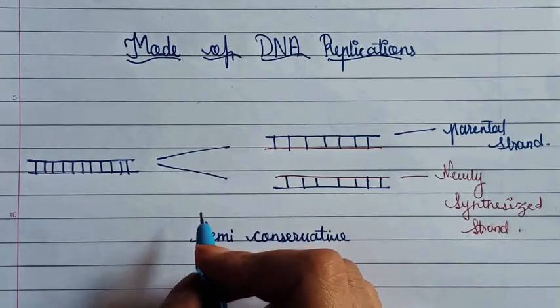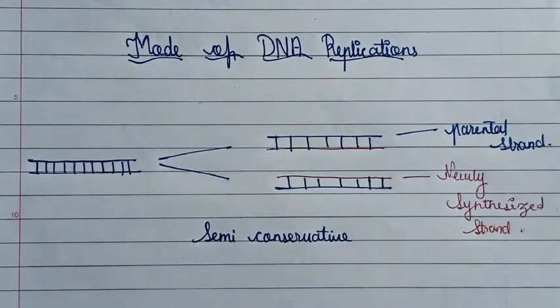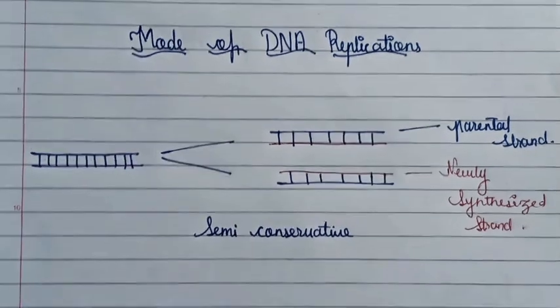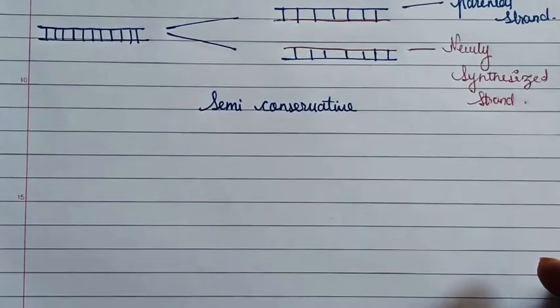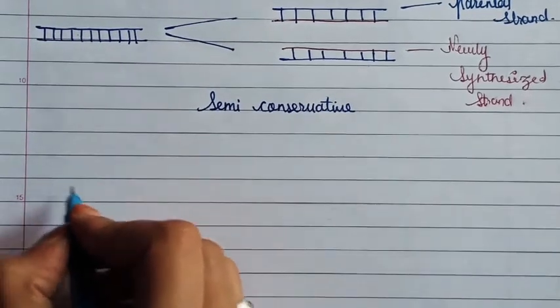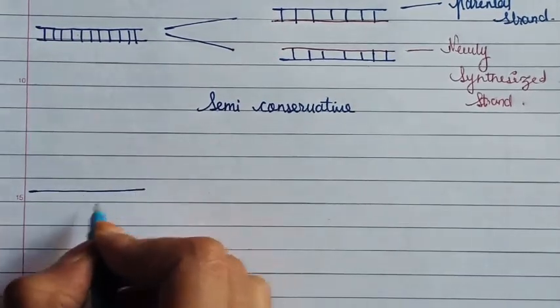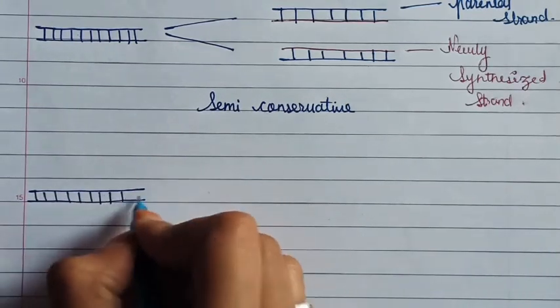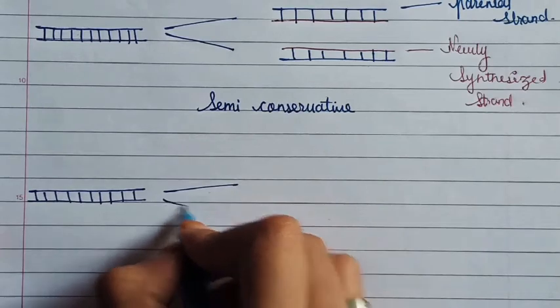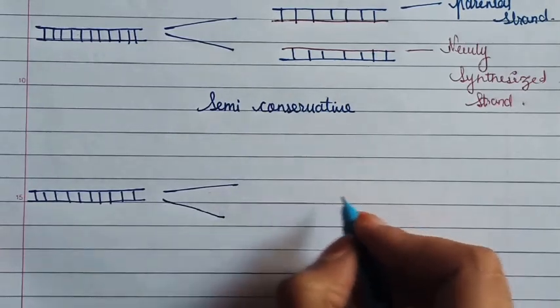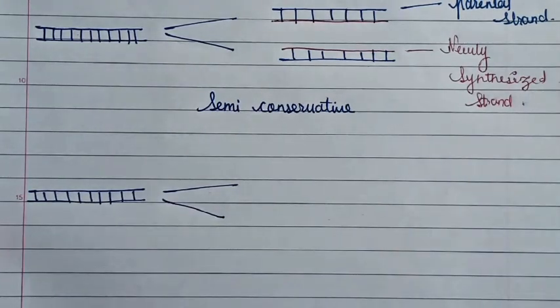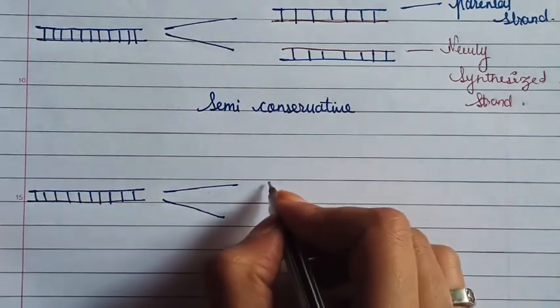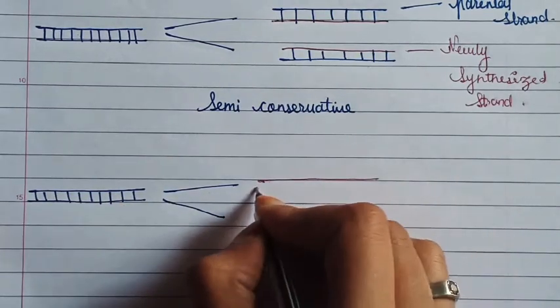But another scientist said that DNA does not get replicated in this manner. So they gave a different concept. Suppose this is a parental DNA, then how does this parental DNA get replicated? They said that this parental DNA remains as it is.